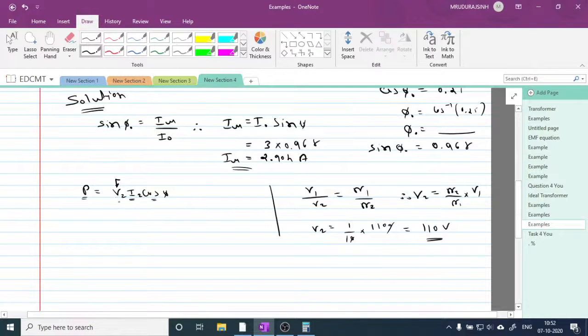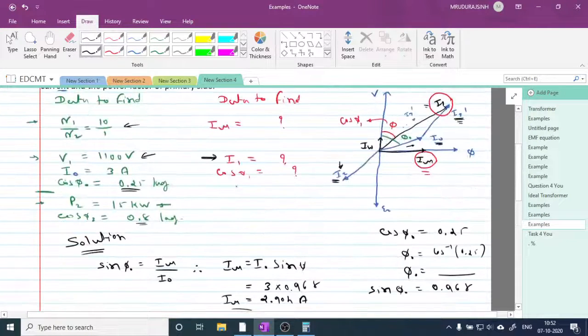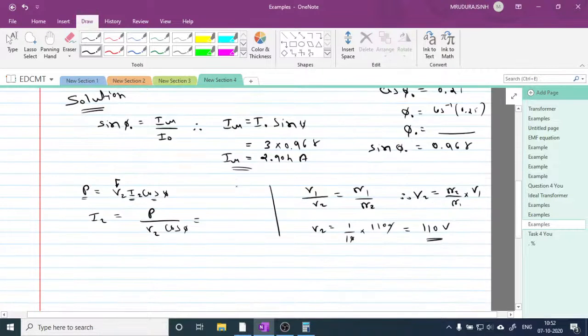So now we have V2. Just place the values. I2 is equal to P divided by V2 cos phi. P is 15 kilowatt, so convert this kilowatt into watt: it's 15,000 watt, 110 volt, and cos phi is equal to 0.8.